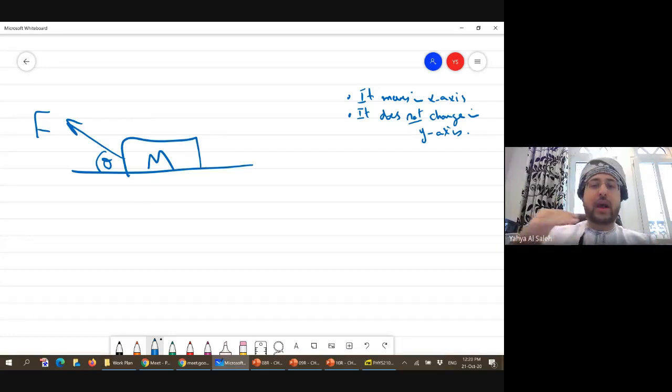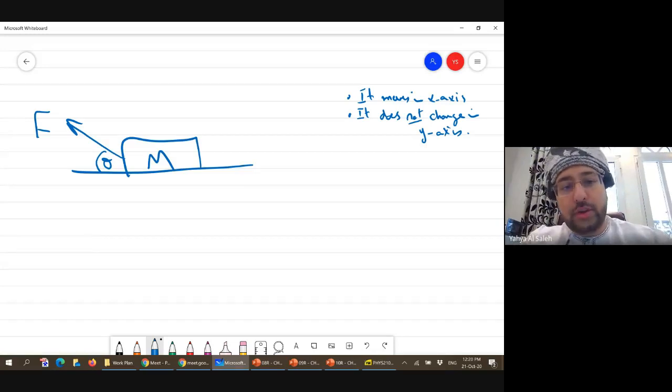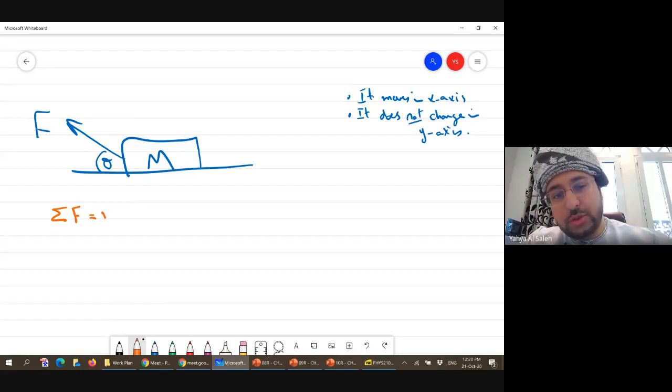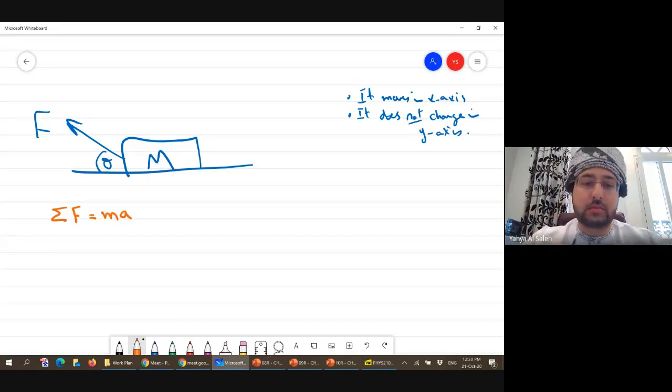We know that in the y-axis it is fixed. It does not float up. It does not go below the table. It is just there. Now, from Newton's second law, we know that the sum of forces is equal to ma, right?